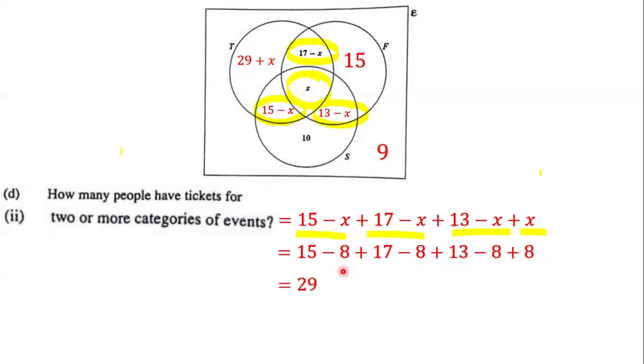So that means that the number of people who have tickets for 2 or more categories of events is 29, and that's the answer for this particular question.